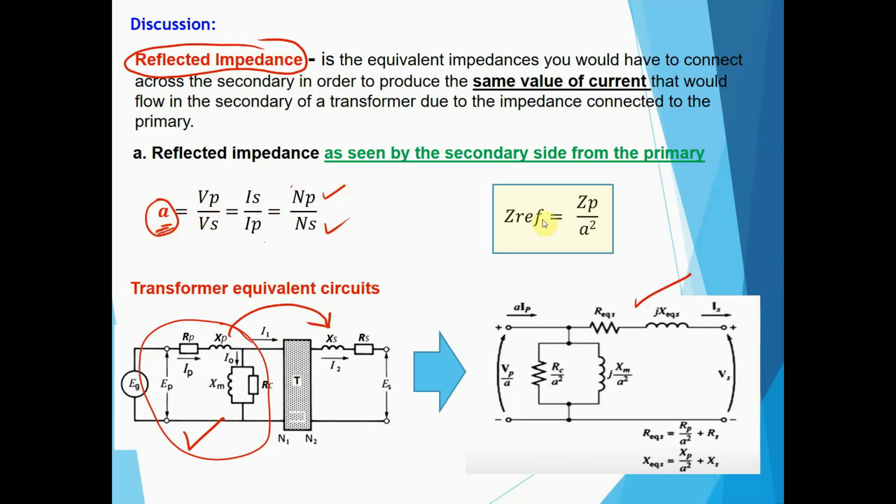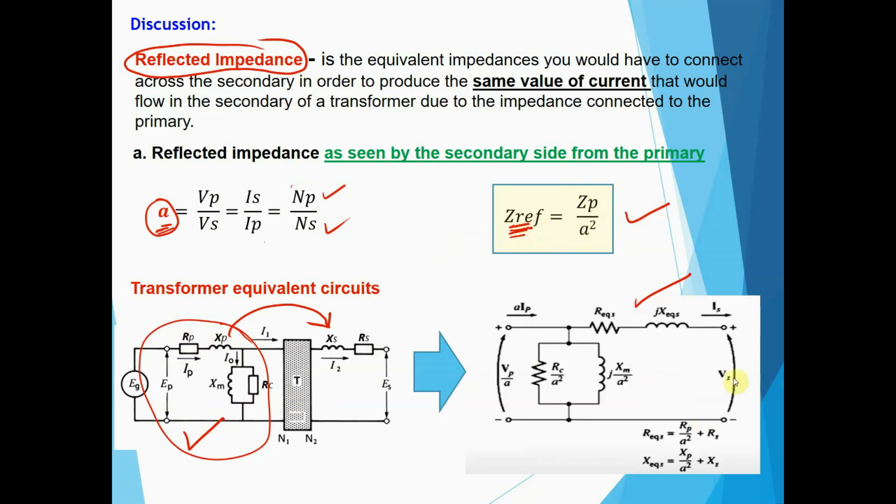The impedance can be reflected: if I want to reflect an impedance of the primary to the secondary, I can use this equation, Z reflected is equal to Z of the primary over A squared.